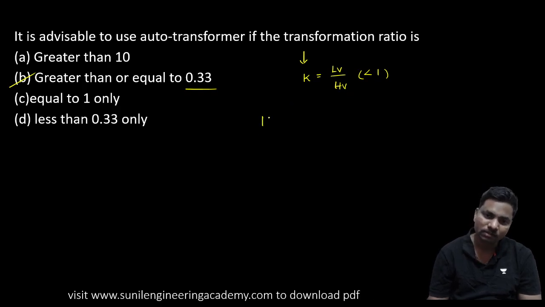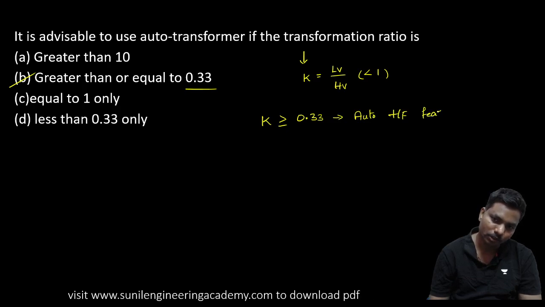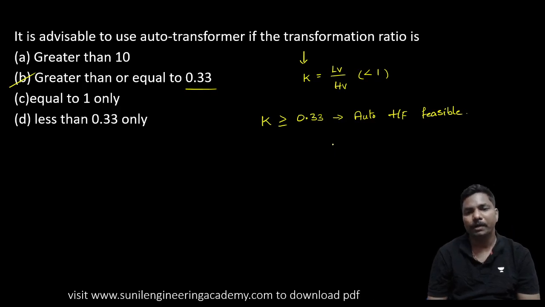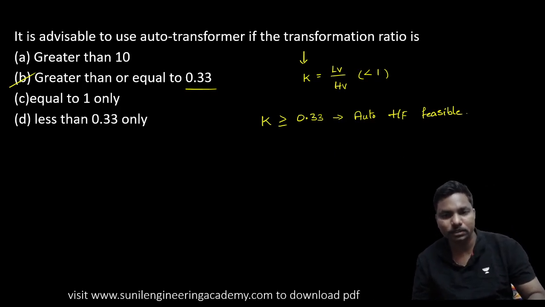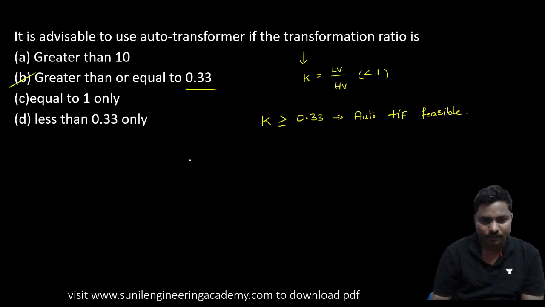Whenever this K value is greater than or equal to 0.33, then only auto transformer is feasible. That means we cannot step up or step down the voltages more than this. For example, consider 33 kV to 11 kV or 11 kV to 33 kV.